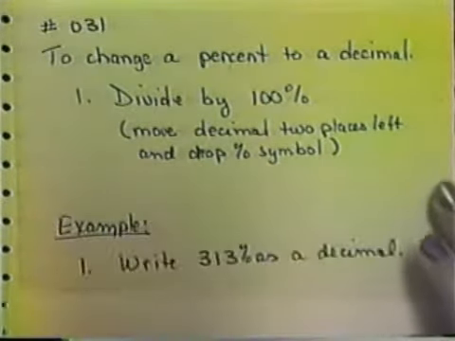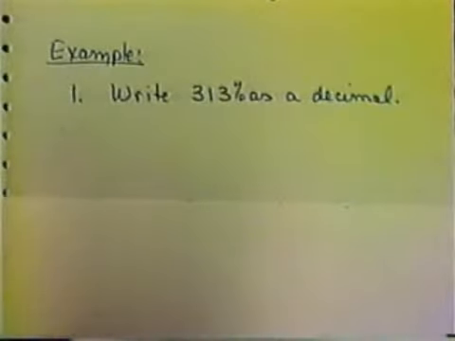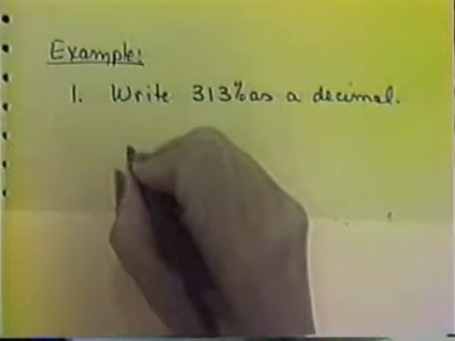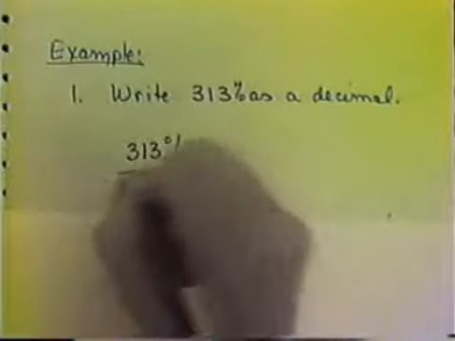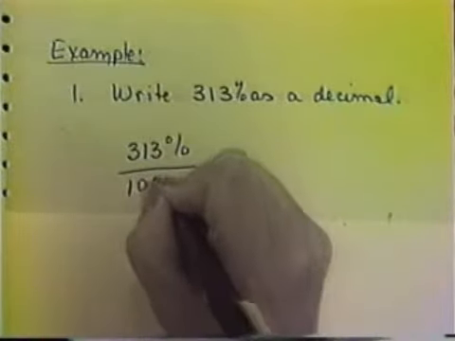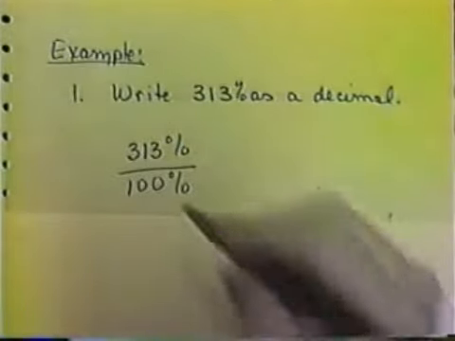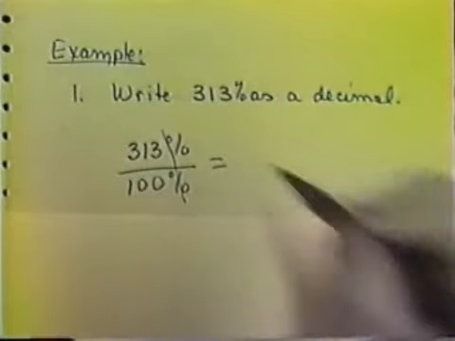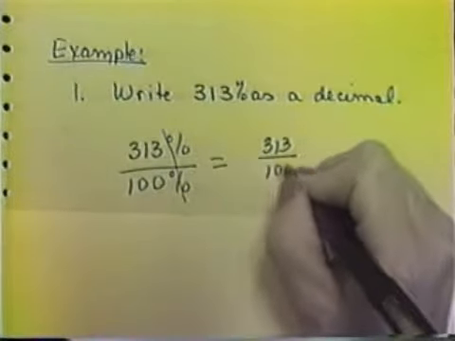So let's look at an example. We want to write 313% as a decimal. So we're going to take 313% and divide by 100%. The percents are going to cancel and we get 313 divided by 100.